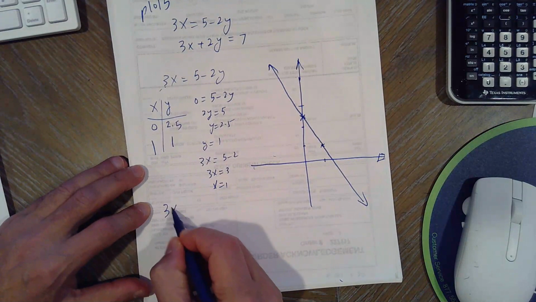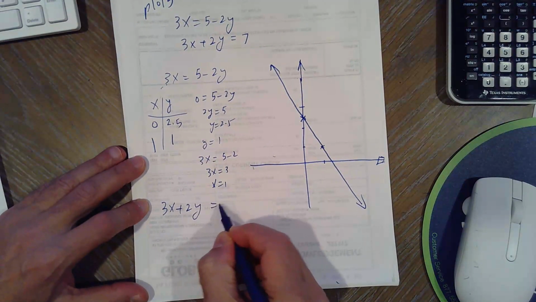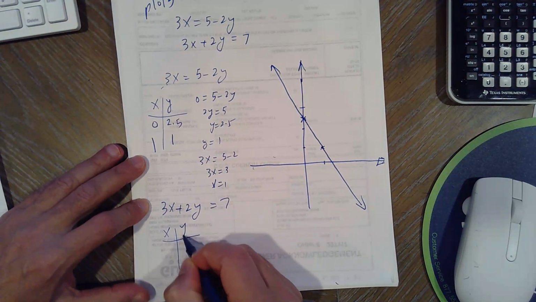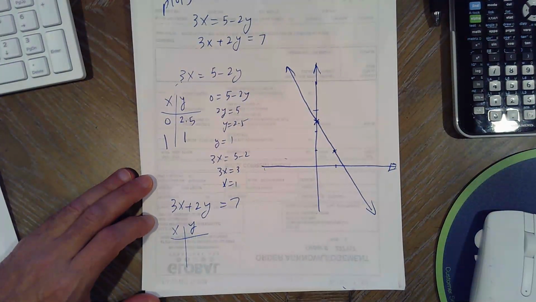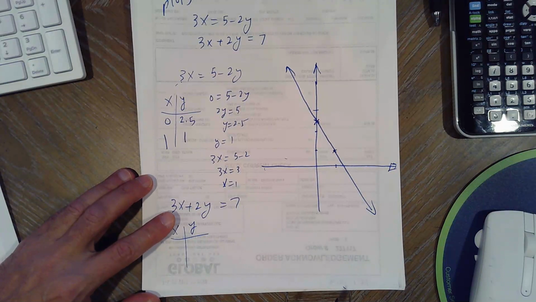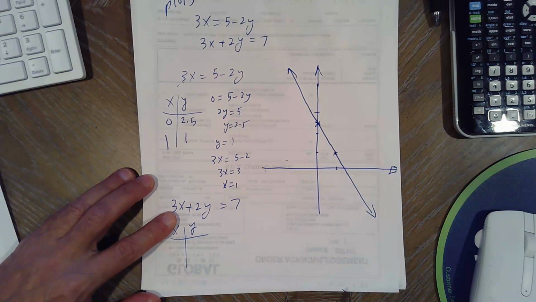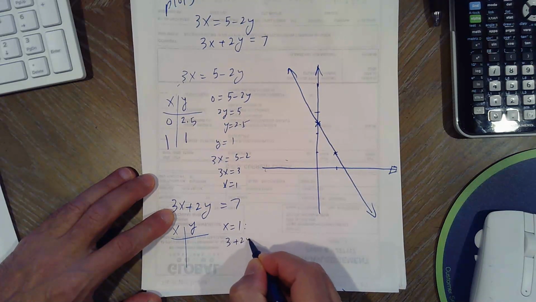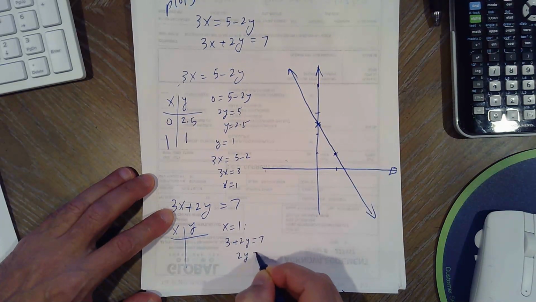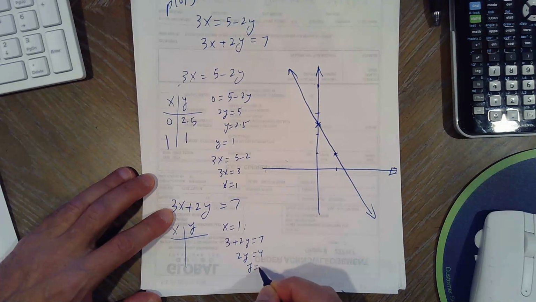Second line, 3x plus 2y equals 7. Again, let's make a t-chart. So if x is 1, then that would be 3 plus 2y equals 7, 2y equals 4, y equals 2.